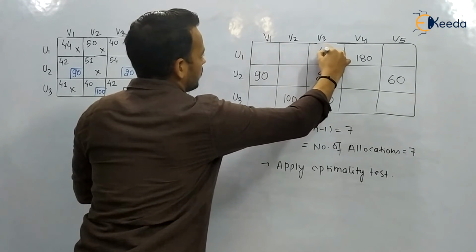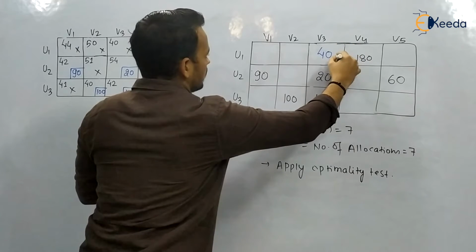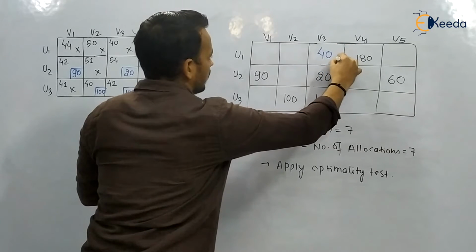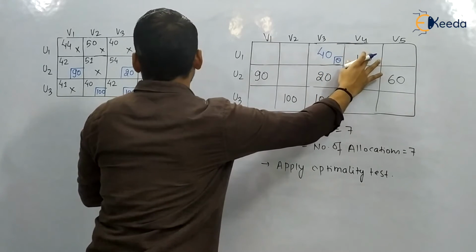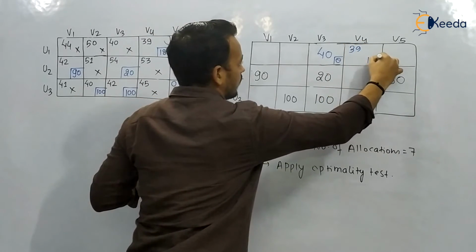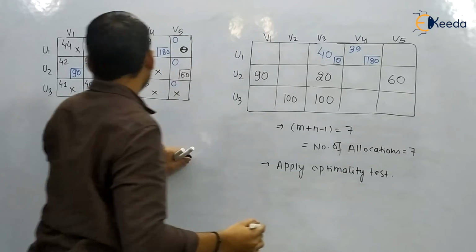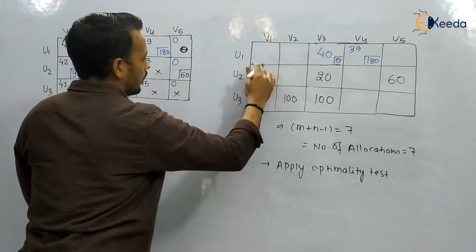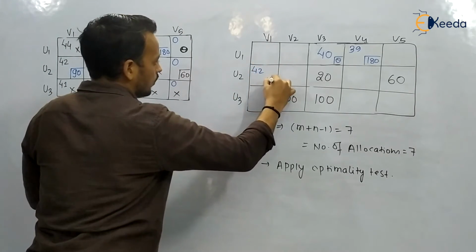Here it was theta. Here it is 39, and this is 180. Here it is 42 and 90.